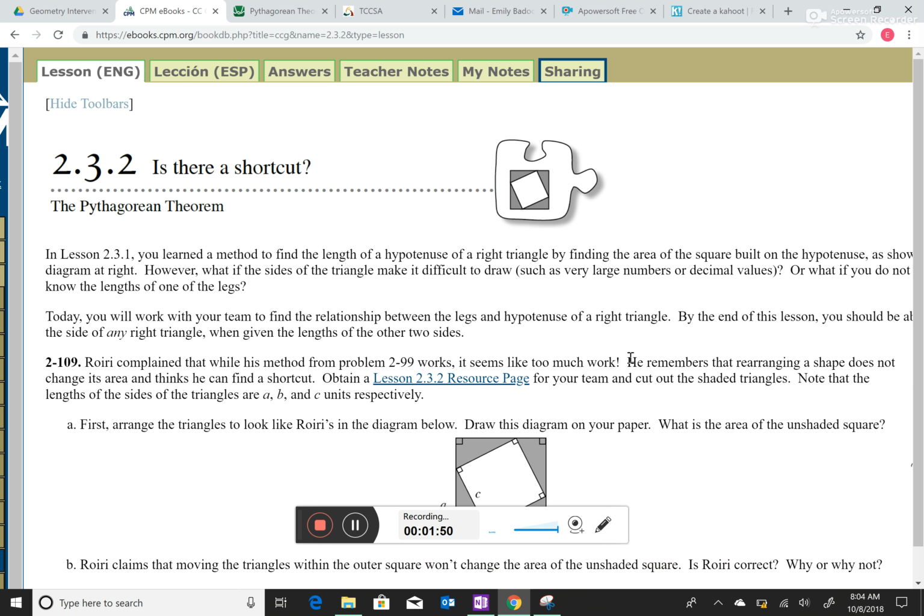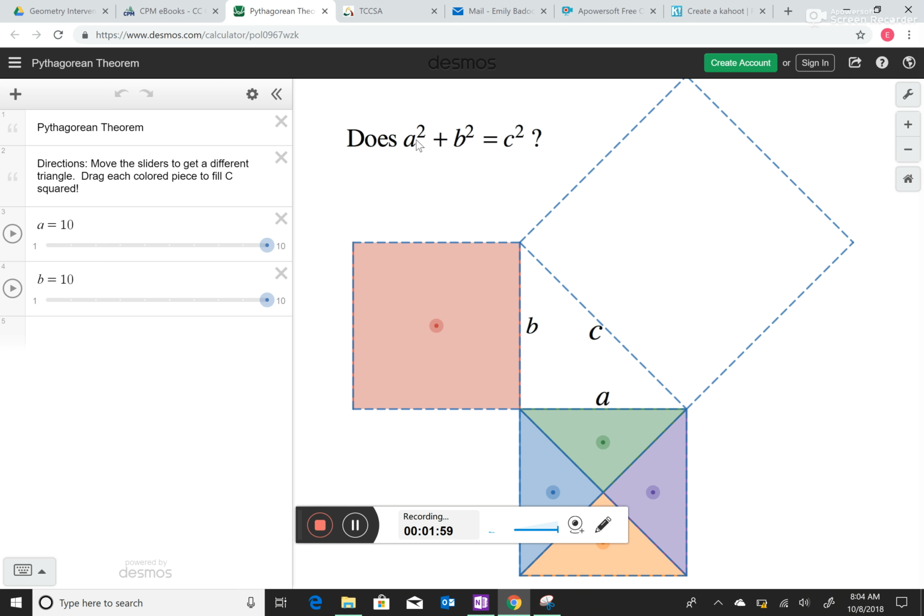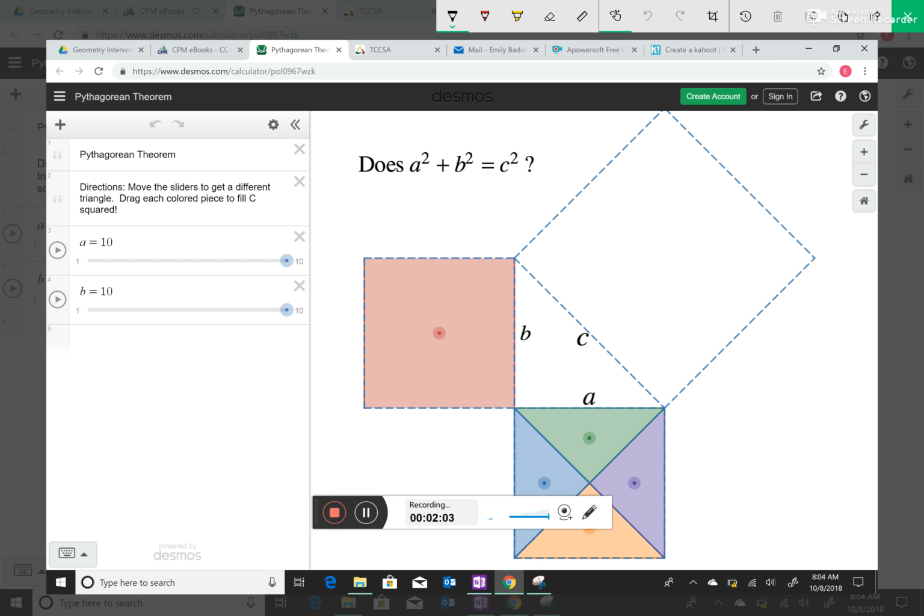Let me show you a Desmos activity so you can actually see what's going on when we use the Pythagorean theorem. The Pythagorean theorem states a squared plus b squared equals c squared. Let's talk about the areas of these squares. The area of this red square has length b and width b, so the area is b squared.